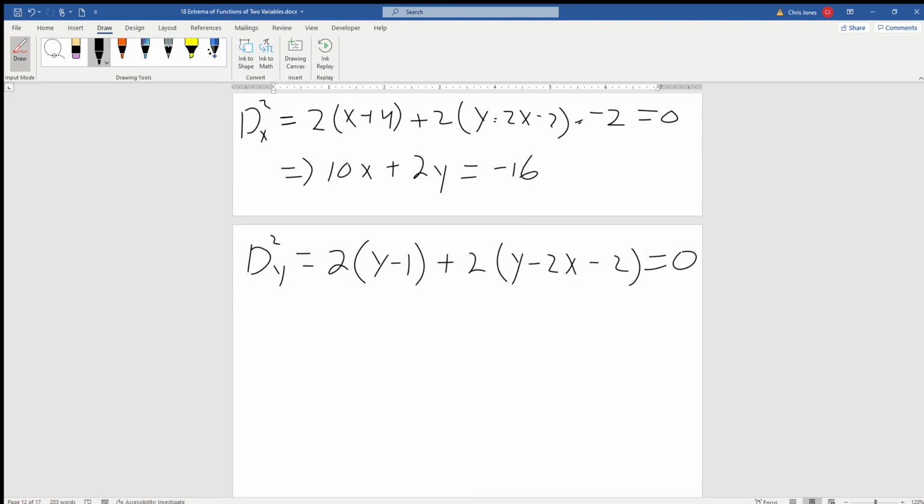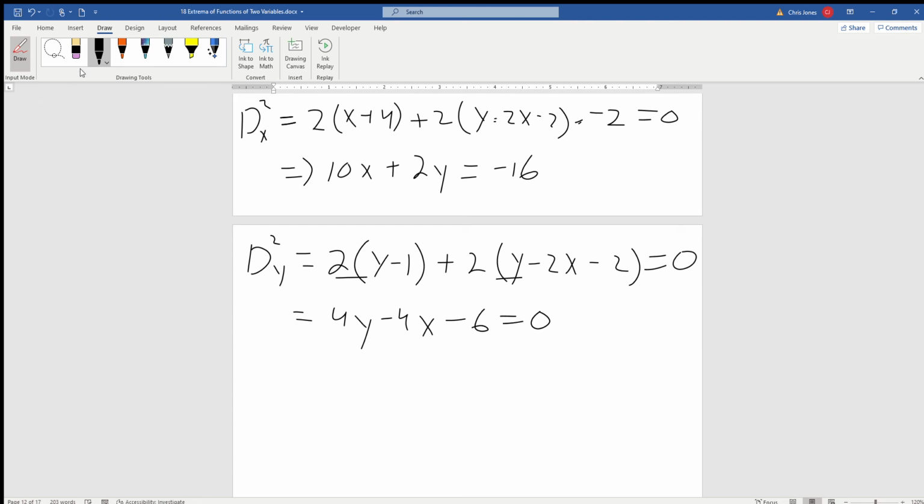Similar to before, if we collect like terms, we have 2y and 2y, which is 4y. We have a negative 4x. And then finally, we're going to have negative 2 and negative 4, which is negative 6, equals 0.